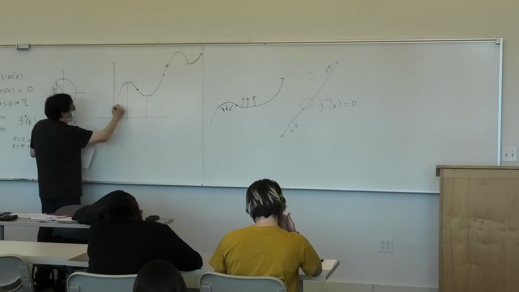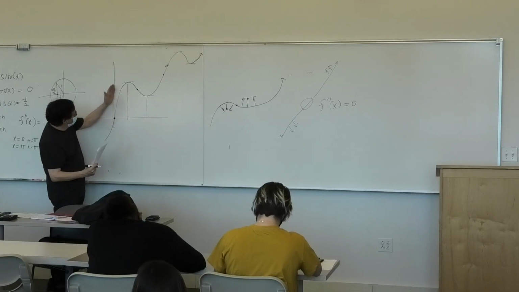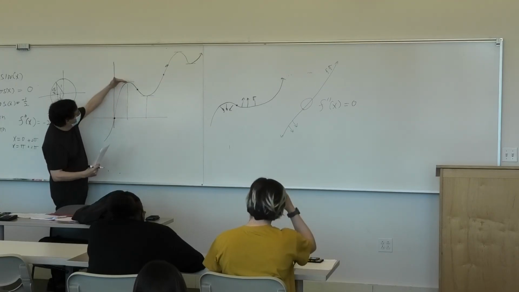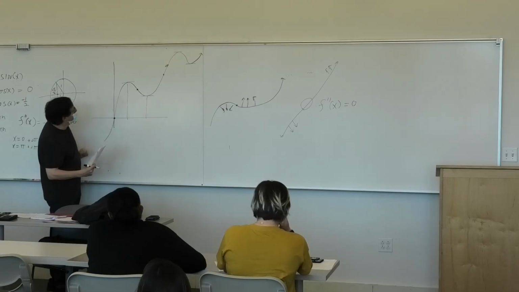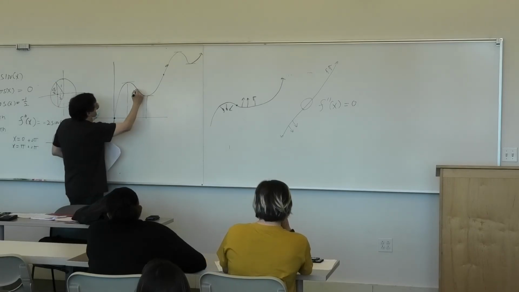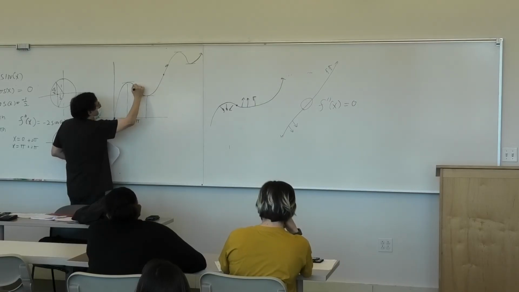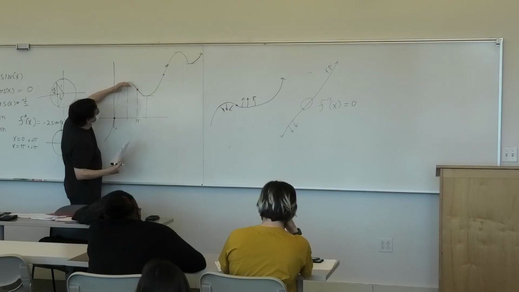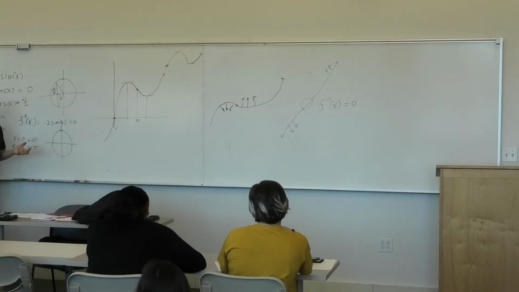I didn't draw any further, but in fact, if I did, you'd see that at exactly 0, it's going to change from curving downward to curving upward as we go to the left. And here we have at pi again, 0. Here again, it's going to change its curvature. So you want to look at that, kind of get a feel for that.